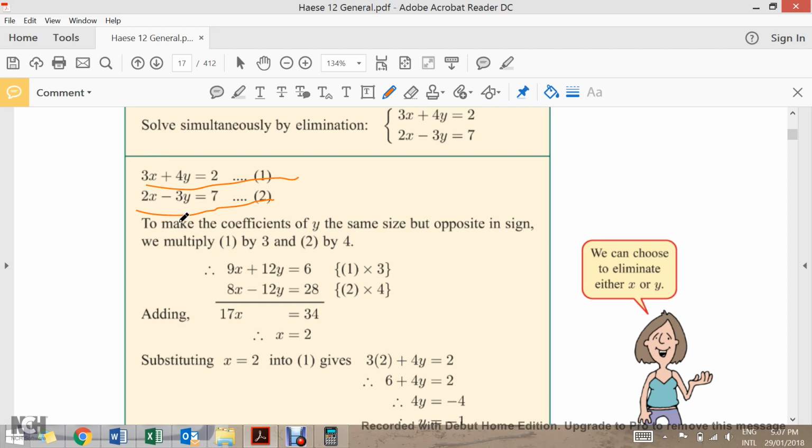But this time I'd need to do the first equation, take the second equation. What that would do is that would cancel out the x terms, and I'd solve for the y terms and then substitute back in to find x.